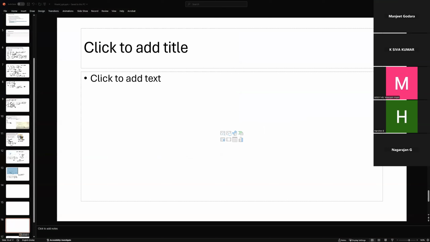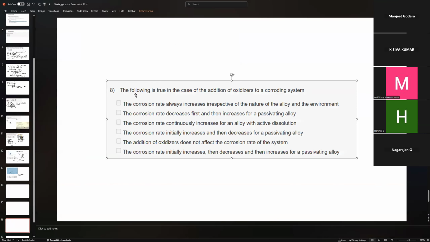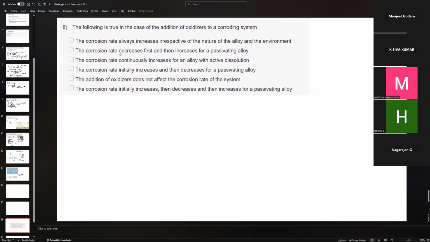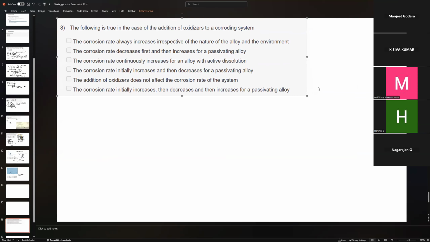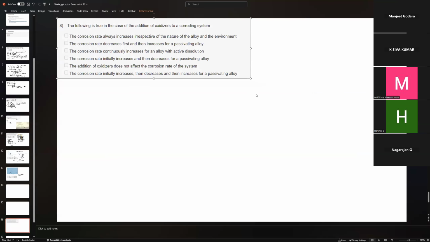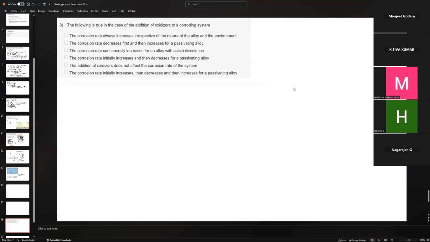Finally, the last question, again theoretical. Which of the following is true in case of adding oxidizers to a passive system, and we are assuming it forms a passive layer.